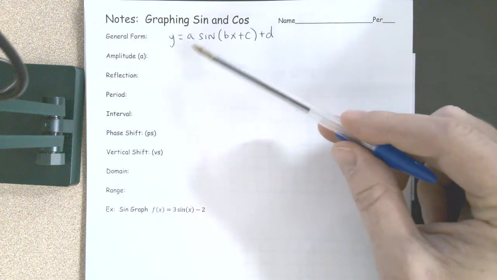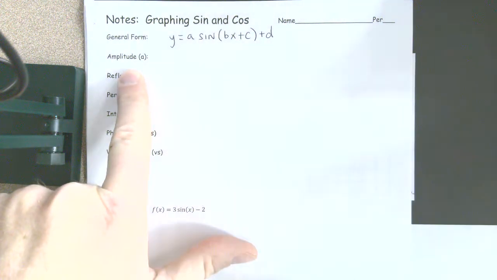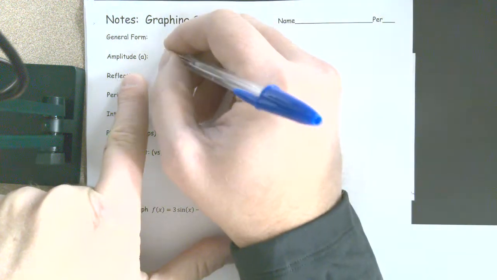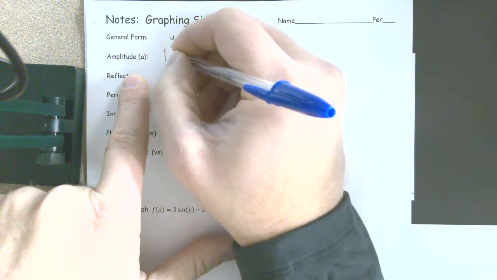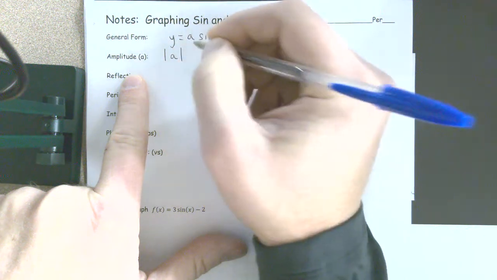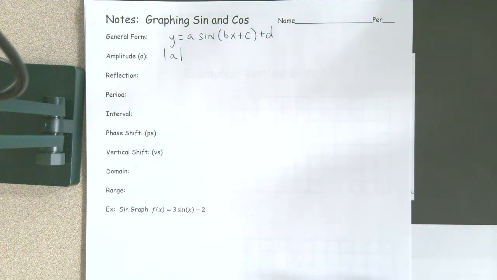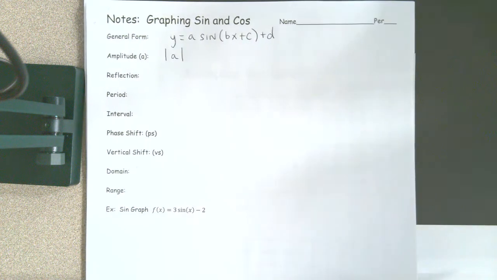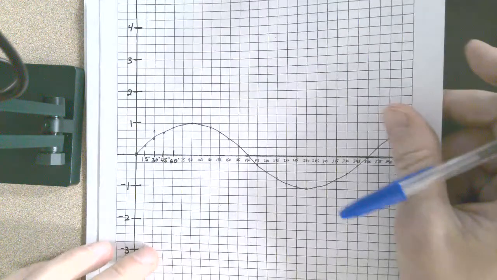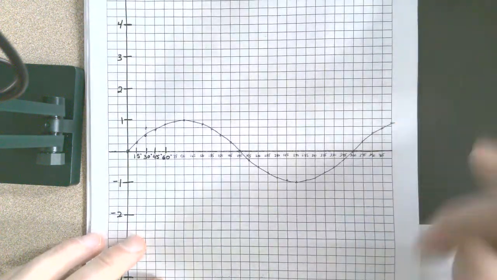As we look at these other letters, so the amplitude, we always take the absolute value of that. So it's always going to be a positive value. So for right now, we're just going to write that down. Basically, the amplitude, if we go back to the curve that we have already graphed, let's take this sine curve that we graphed here.